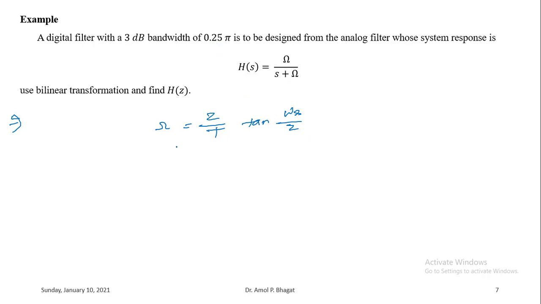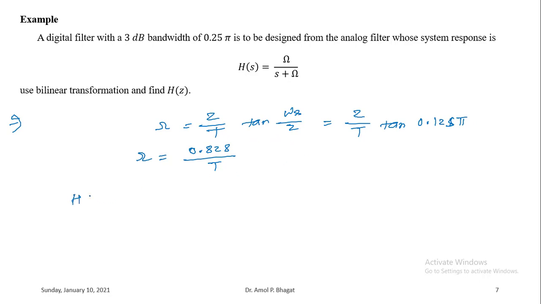Substituting, it will be 2 by T tan(0.125 pi), that is 0.25 pi by 2. If I evaluate it, Omega equals 0.828 by capital T, as tan(0.125 pi) multiplied by 2 is 0.828.